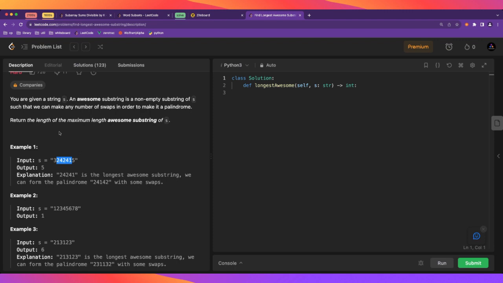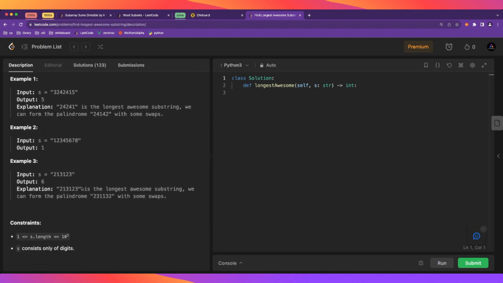And you have to return the length of the maximum awesome substring of S. This statement is a little odd, a little wrong, but I guess it's clear what needs to be done, and there are examples to clarify, so it's okay. And the length is at most 10 to the 5th.